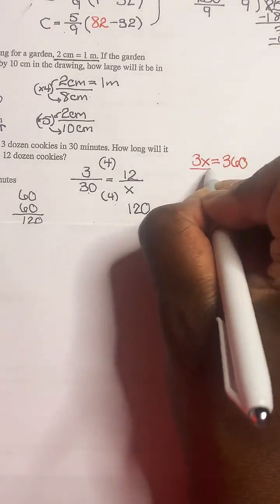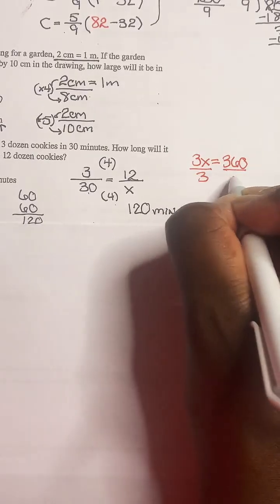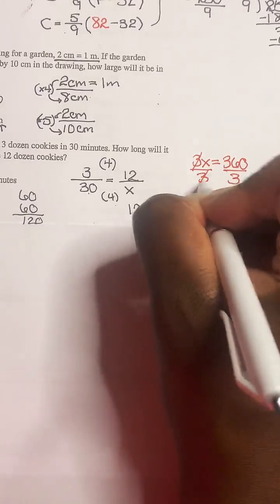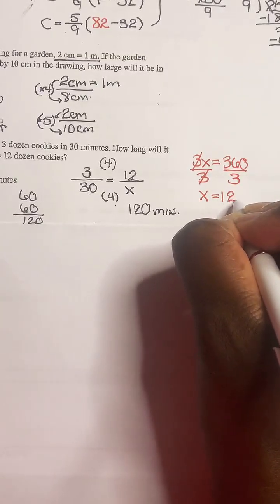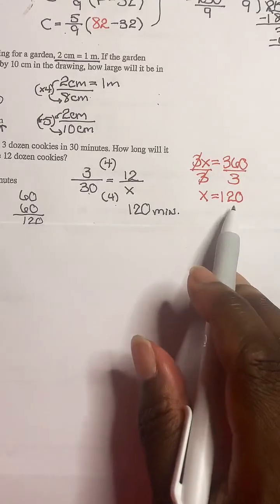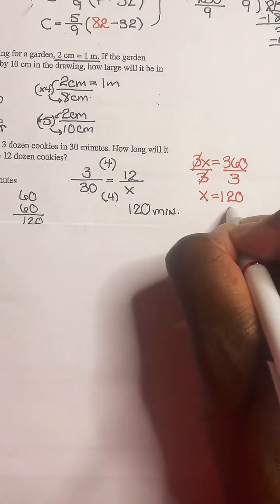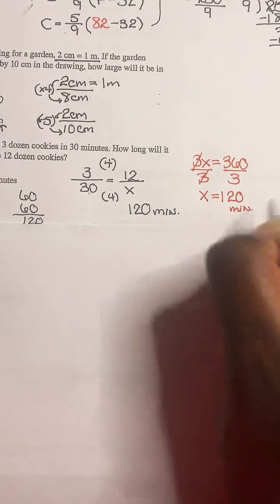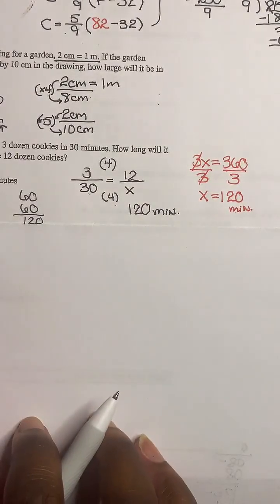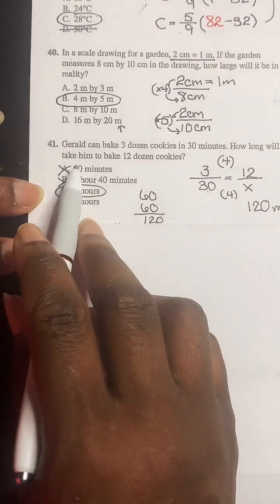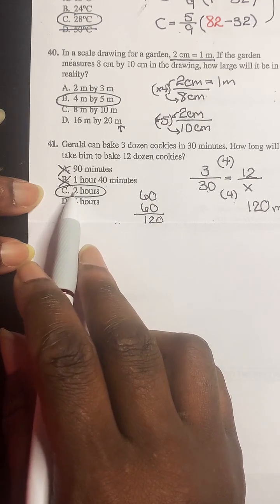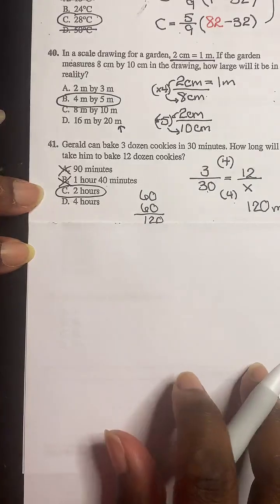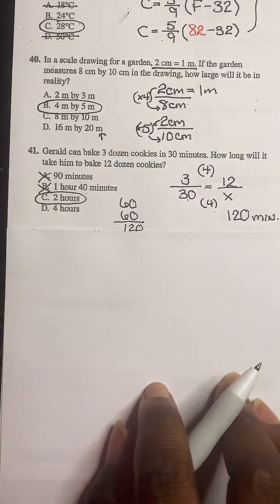And if I divide both sides by 3, I'll get x is equal to 120. Now remember, this is 120 minutes. And if you don't see it, try to see what the equivalent of 120 minutes is, which is 2 hours. 1 hour is 60 minutes. 60 times 2 gives you 120.